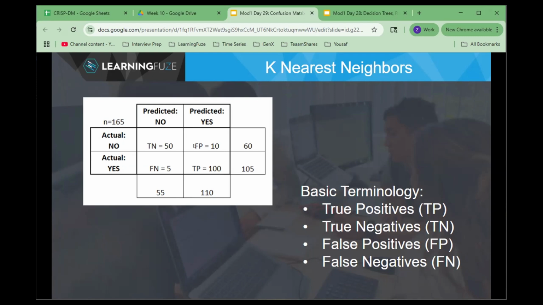A false positive is where your algorithm predicted yes and the actual was a no. And a false negative is where your algorithm predicted no, but the actual was a yes. So this is the basic terminology: true negatives, true positives, false positives, false negatives. Does that make sense? Any questions on that?